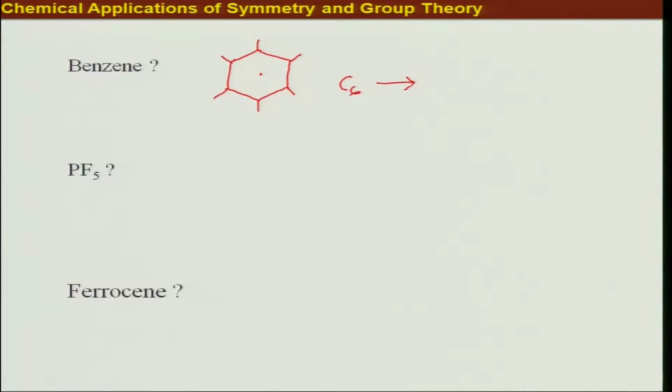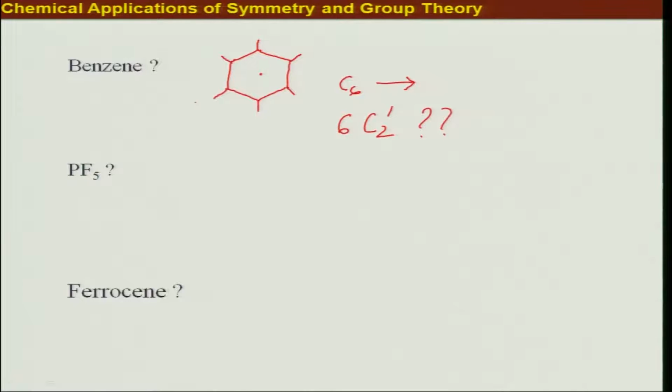In order to go to steps 4 and 5, we have to ask a question: are there 6 C2s perpendicular to this C6? So the question we ask is about 6 C2 primes. Let's see.